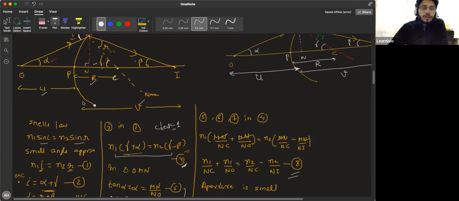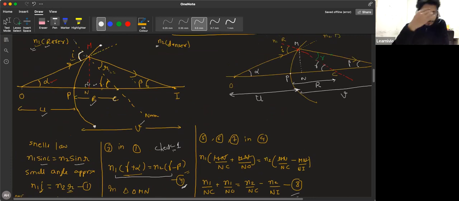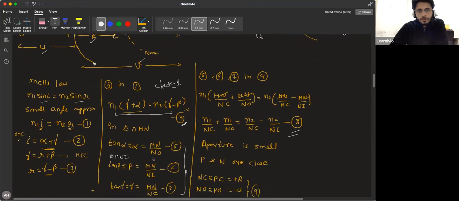So you look at this triangle, OMN. Is it visible? Yes, sir. What is tan alpha in this triangle? Tan is perpendicular by base, MN by NO. I wrote the same thing.